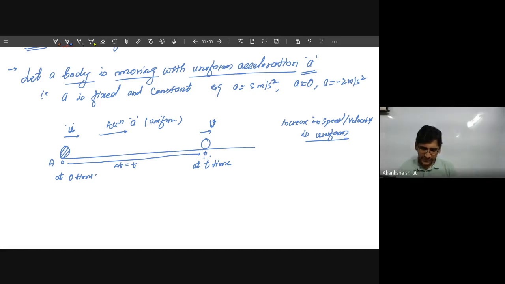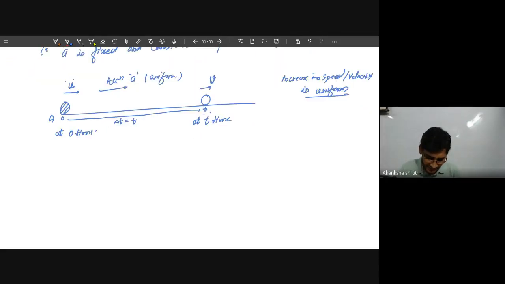Students, so how to write this? Let a body be moving with initial speed u with constant acceleration a, then in time t the body attained the speed v.